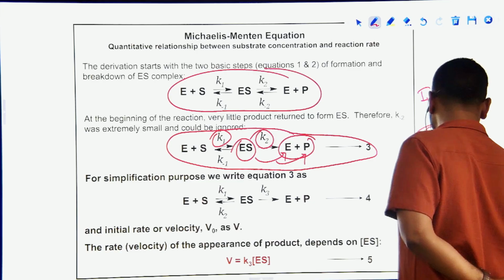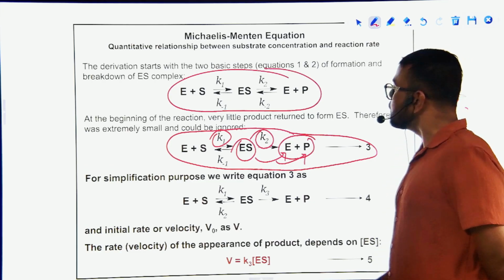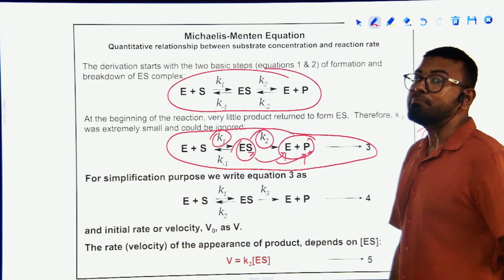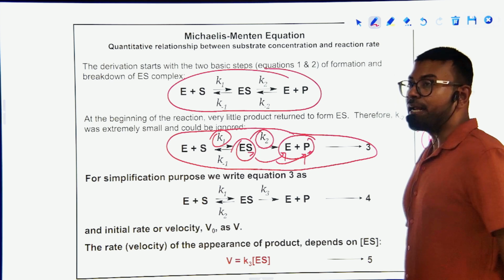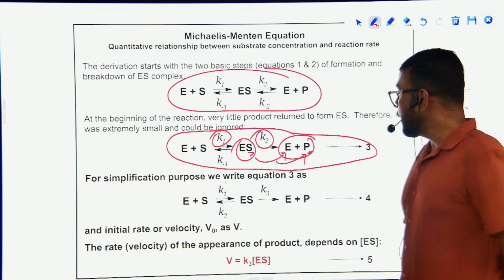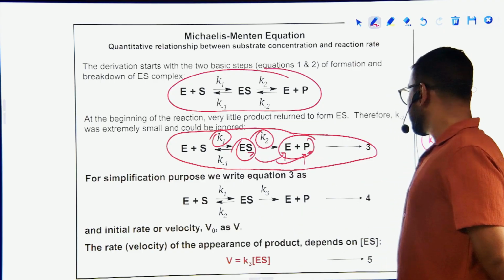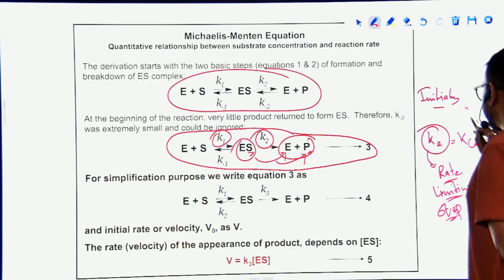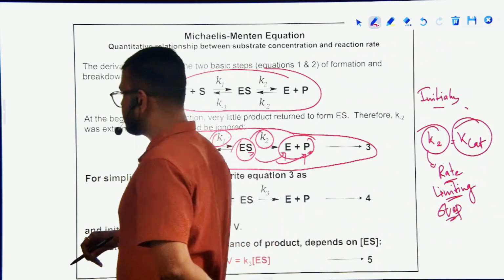That means that will help in the conversion of substrate into product. That is the determining step. So rate limiting step is nothing but the determining step. And over here, K2 can also be stated as Kcat.